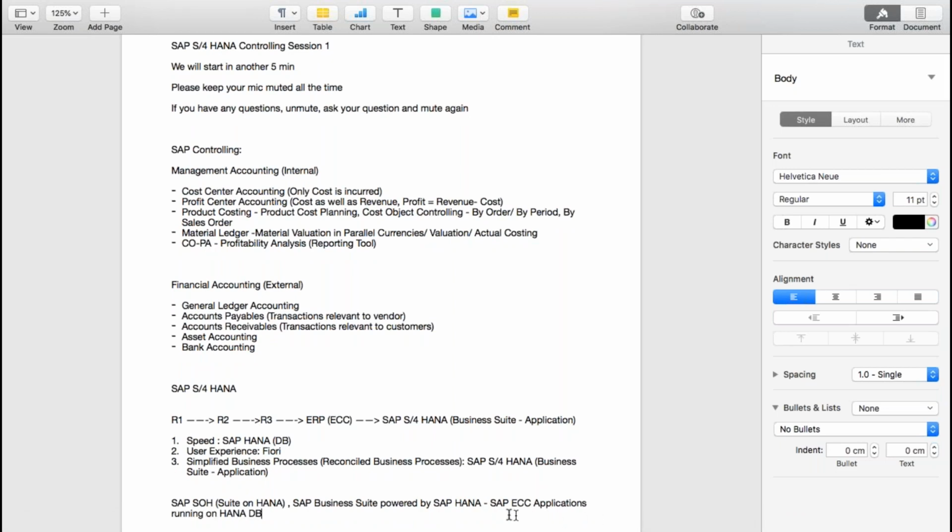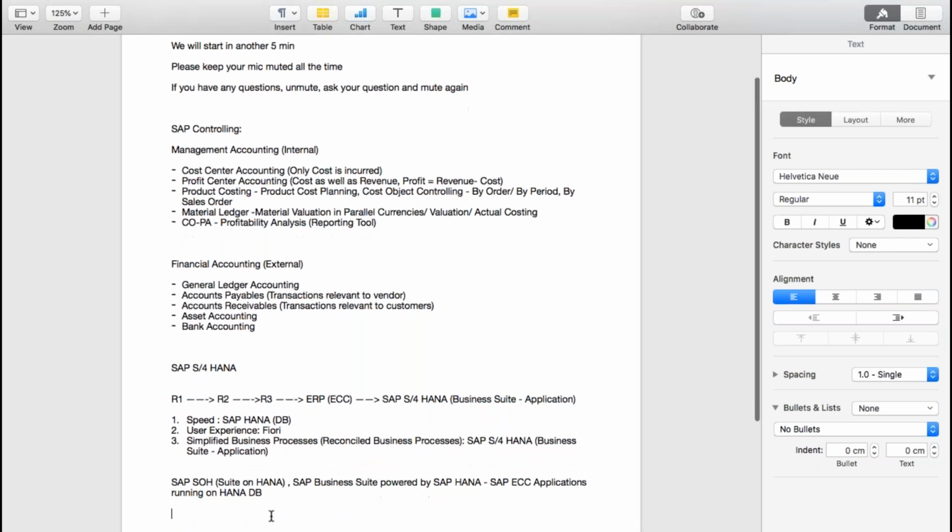These are not SAP S4 HANA. SAP S4 HANA is a totally new application, a completely new business suite. So there is a big difference between SAP SOH, SAP Business Suite powered by HANA, and SAP S4 HANA.